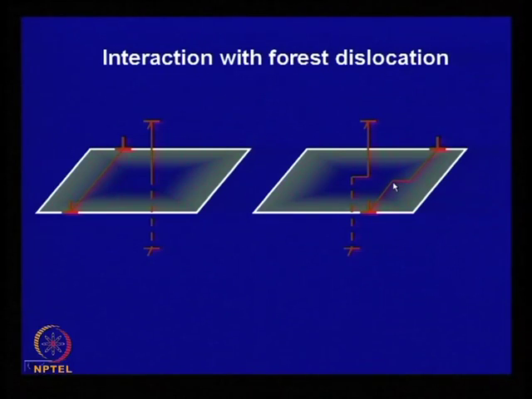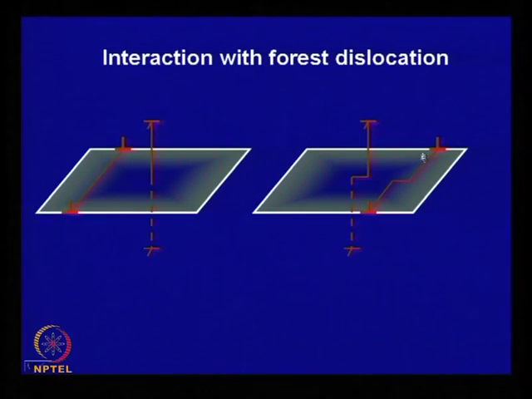So, this portion of the dislocation has a character that is a little different. If this is the Burgers vector and this is the dislocation direction, this is at right angle. So, this is edge. So, this also is edge, but this is a screw dislocation.